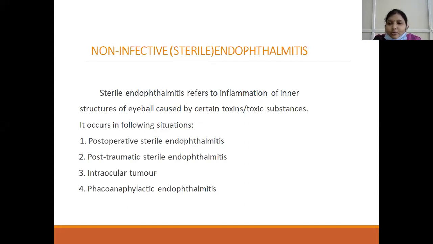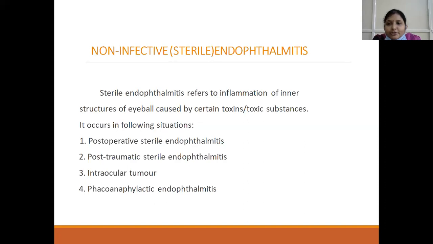Next is post-traumatic sterile endophthalmitis. Following any injury of the globe, there can be a retained intraocular foreign body or intraocular hemorrhage. These can act as a toxic substance and lead to an inflammatory reaction causing endophthalmitis. Next is phacoanaphylactic endophthalmitis. Phaco means lens.